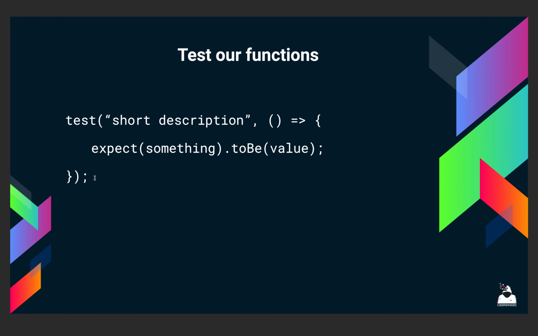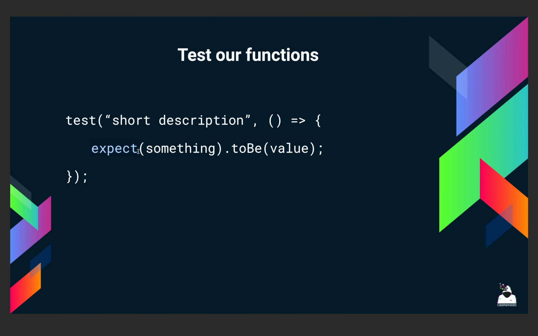This is the format for how you will write your test. You would use the test keyword, and then you would open brackets, and the first thing is a short description of what it's testing, and then the function body. In there you can have more than one expect.